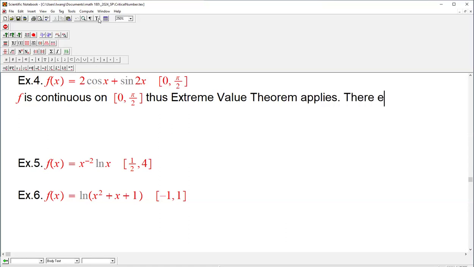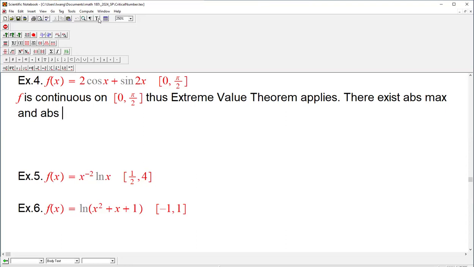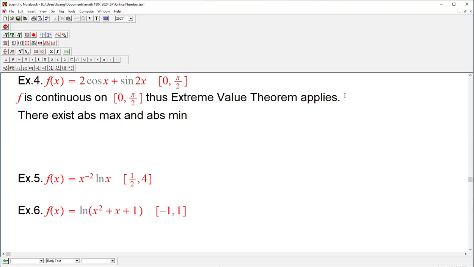There exists an absolute max and absolute min. So then we just set out to find them.